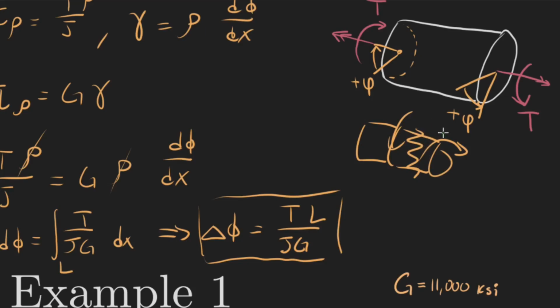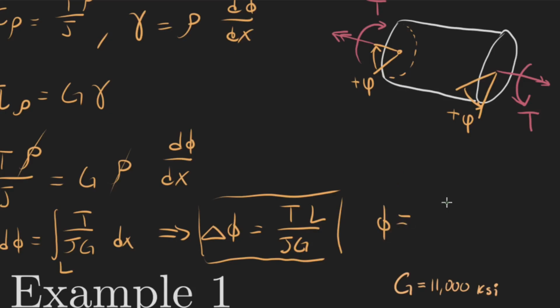If you remember, basically I can cut this and then sum the torques along this axis, which would give me the internal torque in this section right here. And then I would also find the internal torque in this section right here. And then my total angle of twist, phi, would be equal to the sum of my TL over JGs for each of the sections.